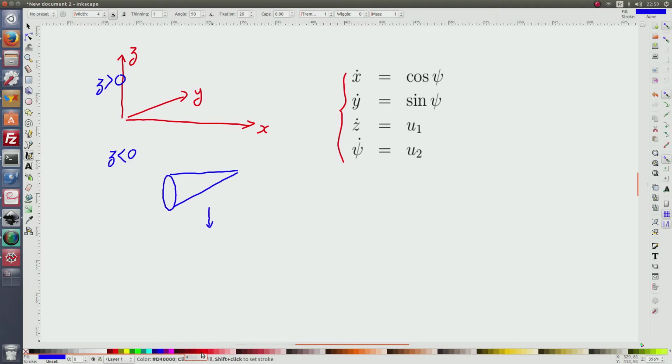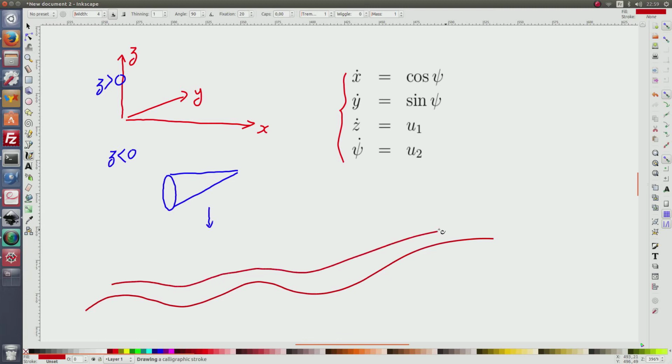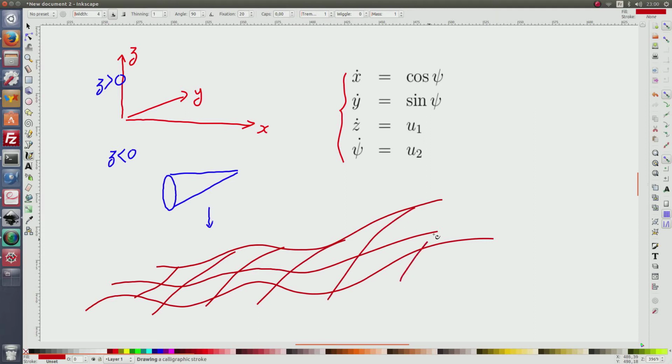It is oriented downward. It's difficult to represent here, but I have an idea of the seafloor, like this, for instance. Three-dimensional, like this. So as we can see, just below there is a sonar, like this.